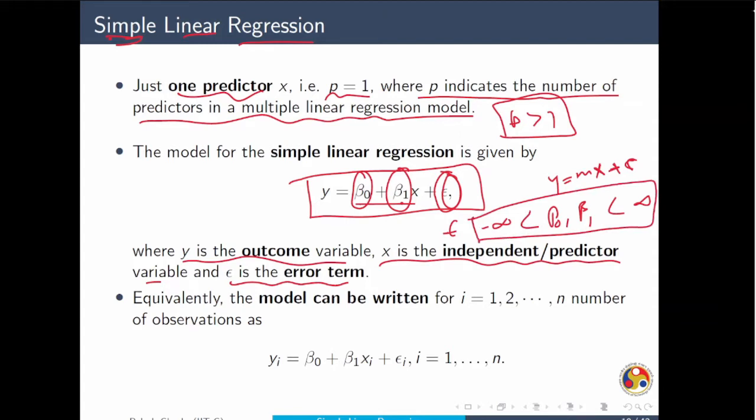So these are special parameters or constants that have specific meaning with respect to the regression line or any other models.